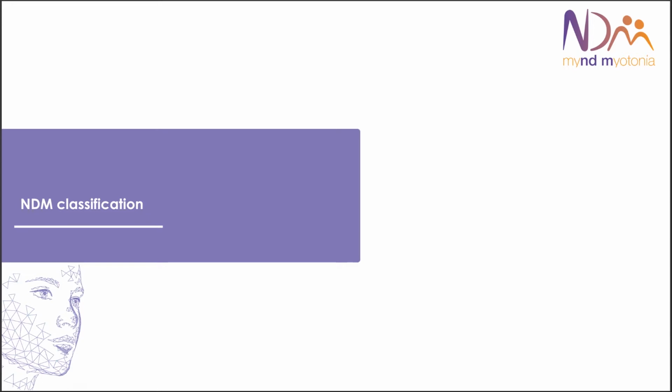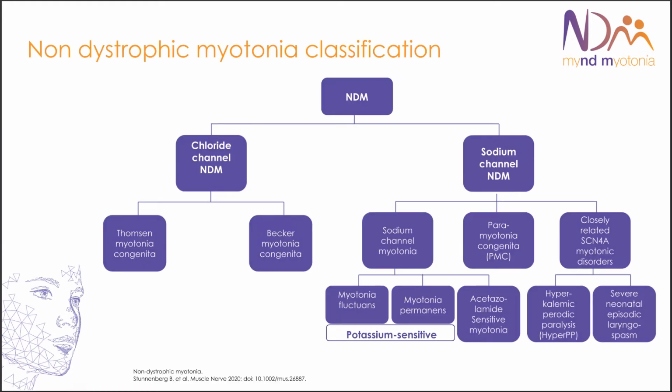So I start with the NDM classification. Non-dystrophic myotonia, NDM, encompasses chloride channel NDM and sodium channel NDM. The chloride channel NDM can be split into Thomsen myotonia congenita and Becker myotonia congenita.